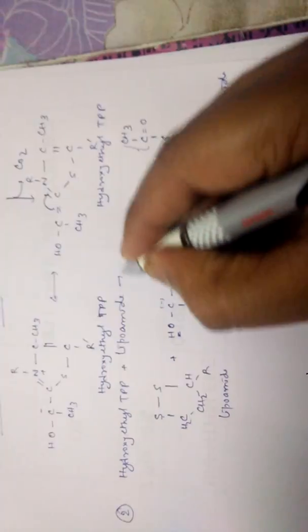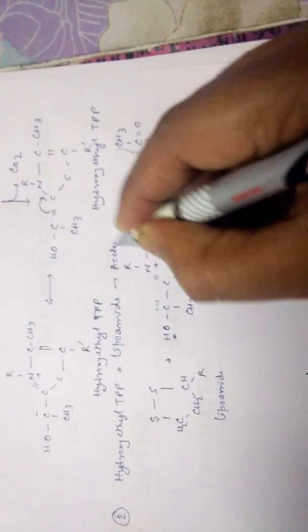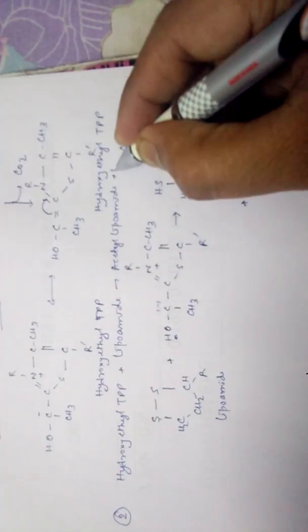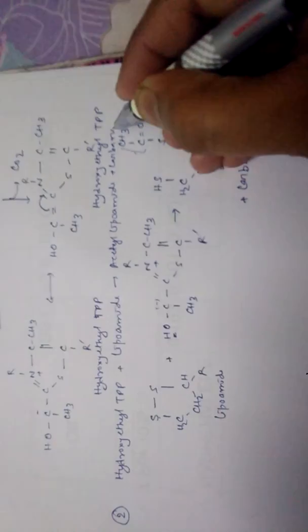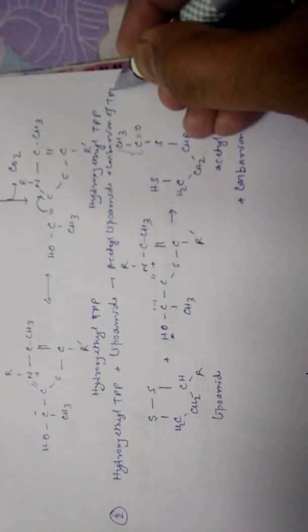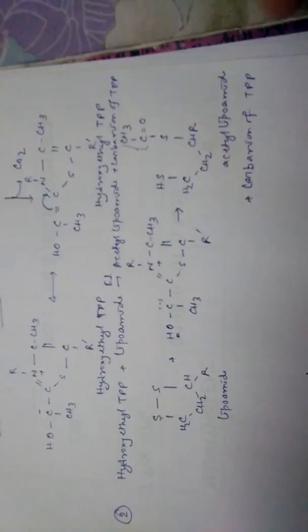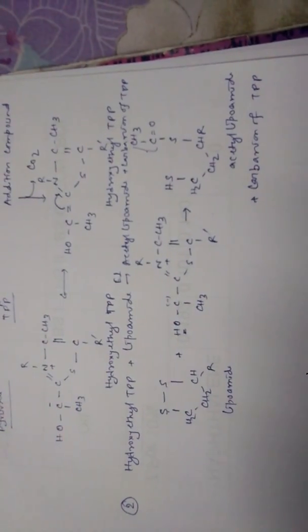So the product is actually acetyl lipoamide plus carbanion of TPP. This reaction is also catalyzed by pyruvate dehydrogenase component 1, that is known as E1.